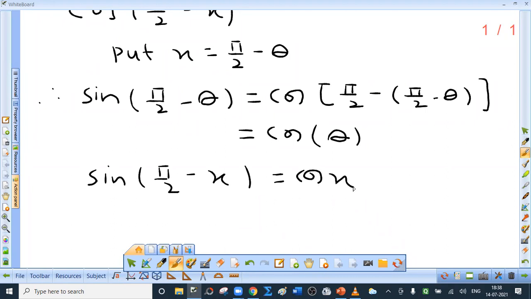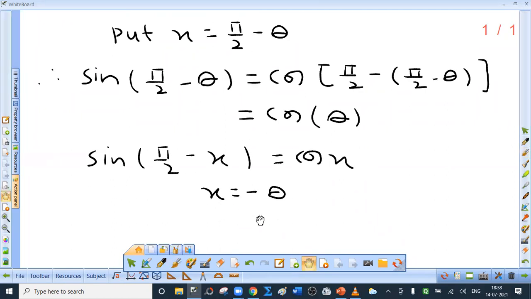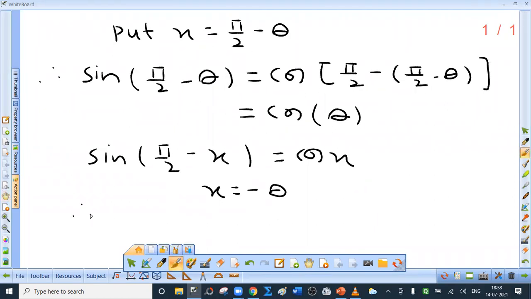Okay, we have just proved this. Put x equal to minus theta. Therefore, sine of pi by 2 minus minus theta, which is pi by 2 plus theta, is cos of minus theta. But cos of minus theta is what? Cos theta.